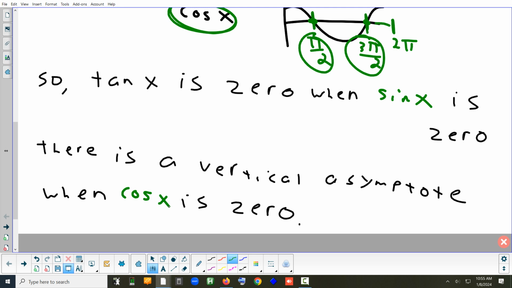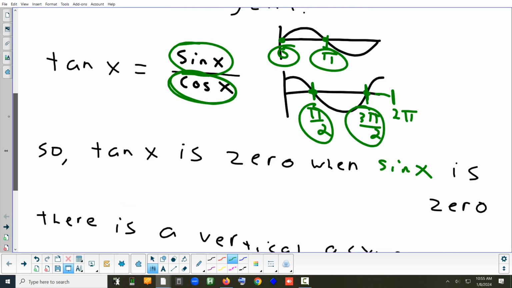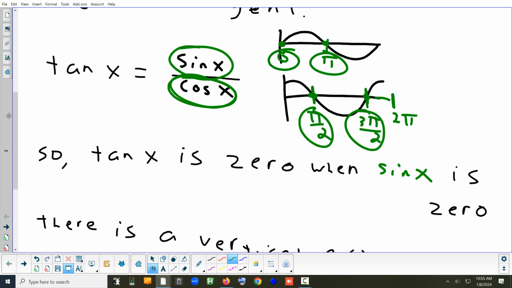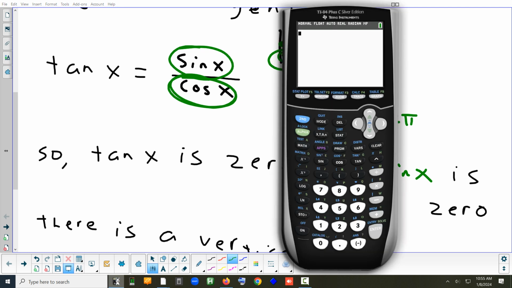Now, let's think about a value that's not at the vertical asymptote, but very close to it. If you try to take the tangent of pi over 2, it's going to say undefined. Can't do it. That's a vertical asymptote. But let's pick a value very close to pi over 2.